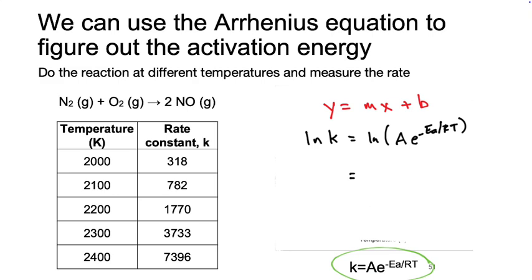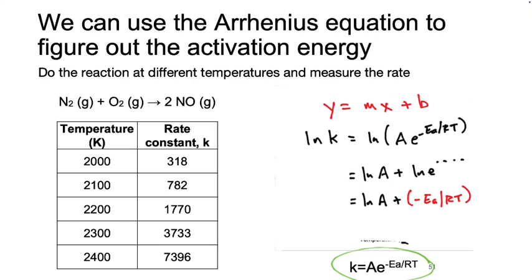We can say the ln of A plus the ln of e to whatever. But the ln of e cancels, it's just whatever's in the exponent, which means my expression becomes the ln of A minus Ea over RT.